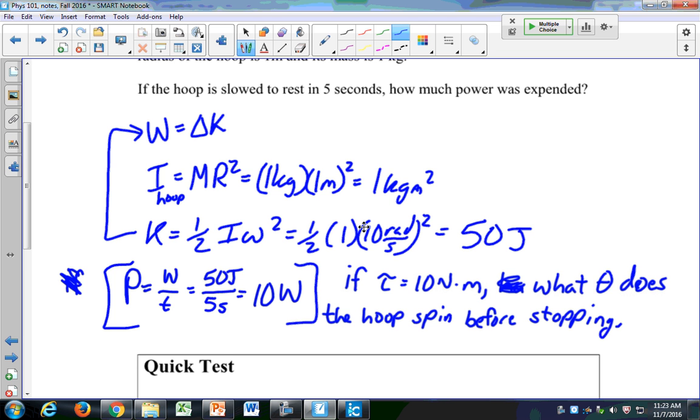If torque is equal to 10 Newton meters, what angle theta does it spin before it stops? Well, I know that work equals torque times theta. I know that this torque has to do 50 joules of work. If it's 10 Newton meters, what is my angle theta going to be? Through what angular distance will this thing travel before stopping?